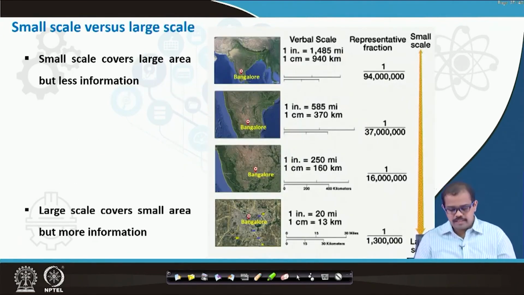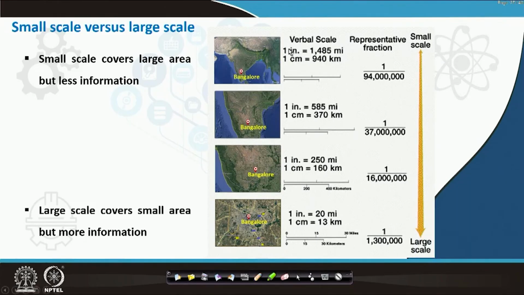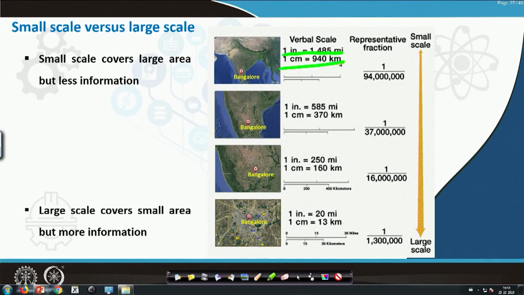Okay, just to give you an example of a scale, if you look at this, the first one here I have represented as 1 inch equal to 1.485 miles, or 1 centimeter is 940 kilometers. So the representative fraction is 1 by 94,000 hundredths. This is giving you the least information. It is only representing Bangalore in the entire country, India. Now I go into more details here.